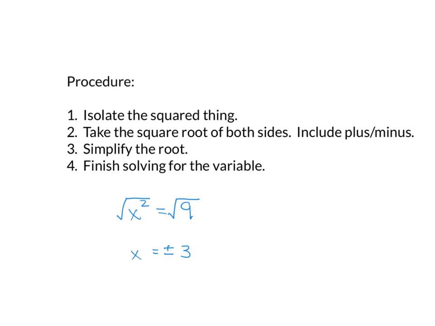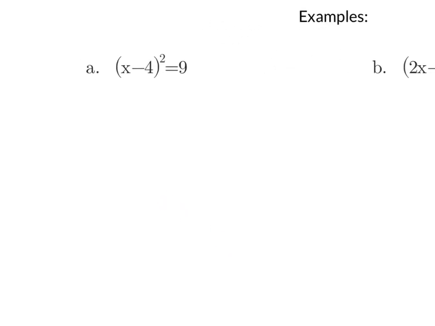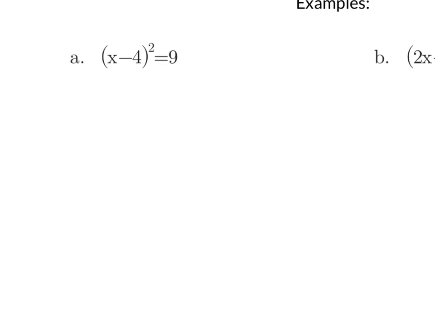Alright, so let's step it up a little bit and look at some examples that are a little bit more complicated. For example A, we have x minus 4 squared equals 9. My squared thing is isolated, so I can take the square root of both sides.